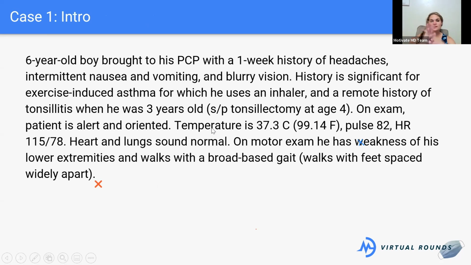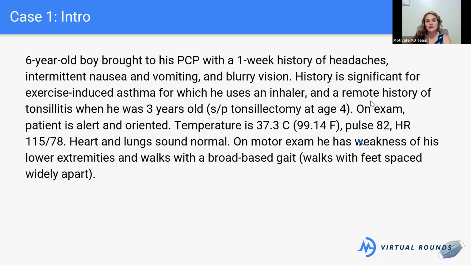Okay, so let's dive right in and start with case number 1. I'll go ahead and read it. A 6-year-old boy was brought to his primary care physician with a 1-week history of headaches, nausea, vomiting, and blurry vision. He has a history of exercise-induced asthma, and he takes an inhaler for that. He also has a remote history of tonsillitis when he was 3 years old, and he had a tonsillectomy at age 4.